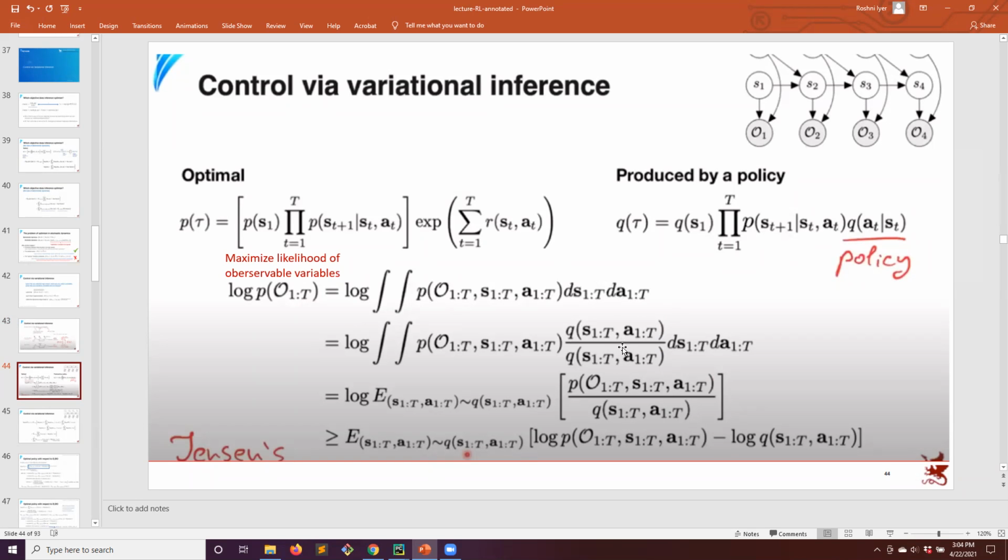And then what we can do, this is actually no difference, but we can rewrite it like this, where we introduce the additional term and convert this integral to an expectation. So that's what we do here. We get these two terms, and this is an expectation under this distribution of following this arbitrary policy over the trajectories. And by using Jensen's inequality, we can simplify this part to be this.